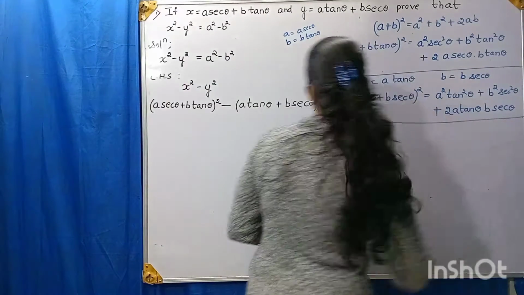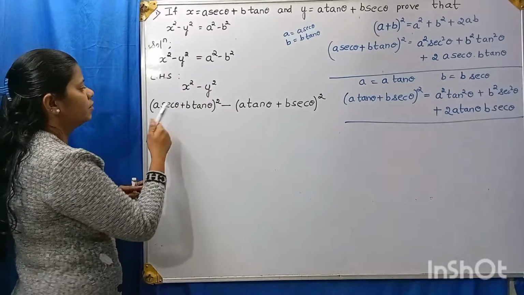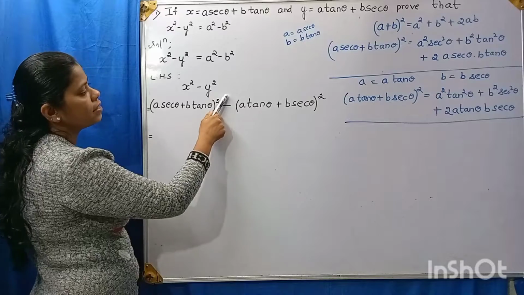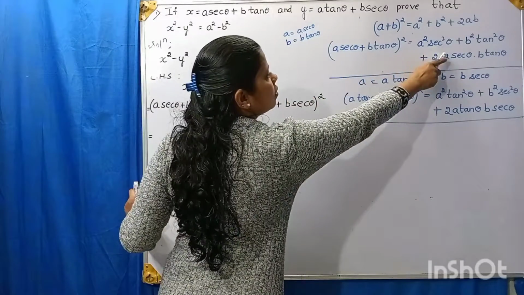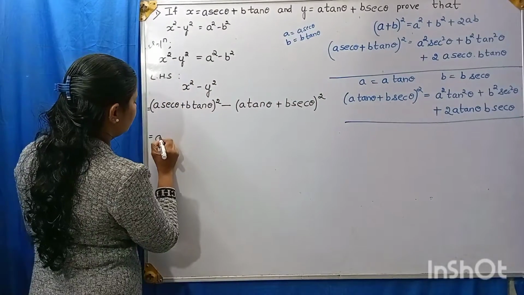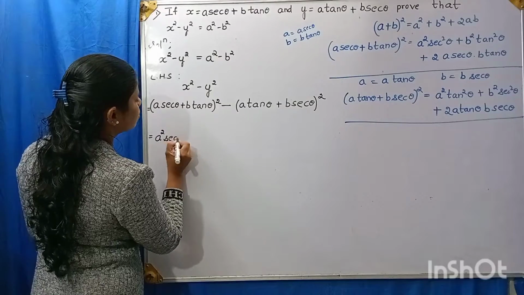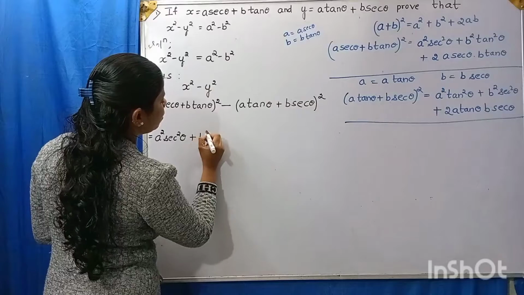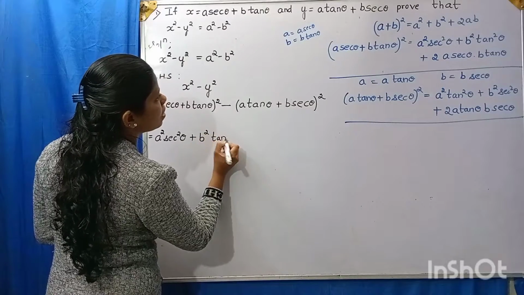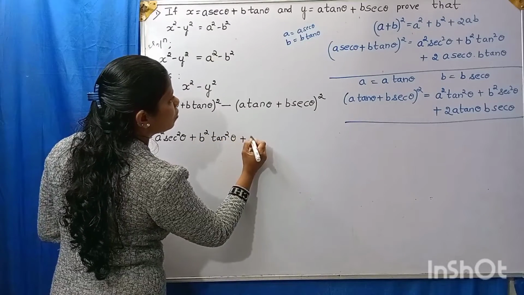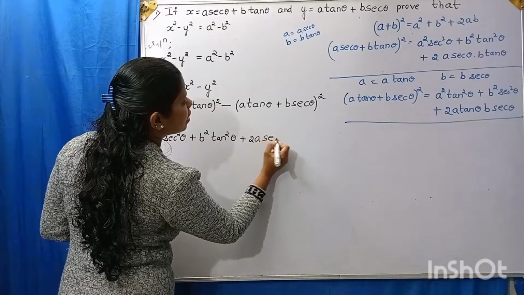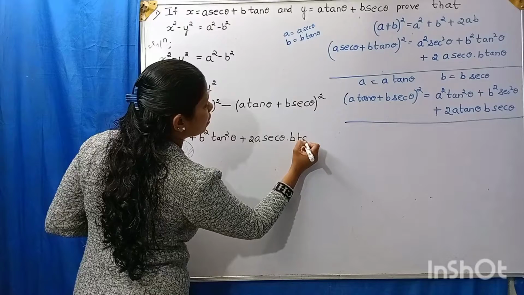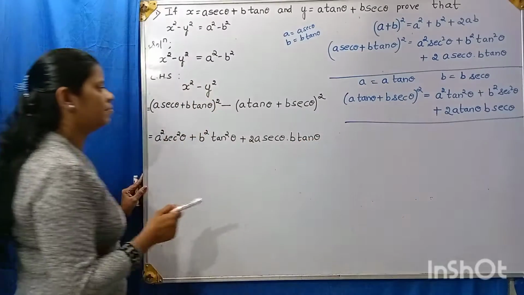Substitute the value here. That's a secant theta plus b tan theta the whole square means this one. That is a square secant square theta plus b square tan square theta plus 2a secant theta into b tan theta, right?